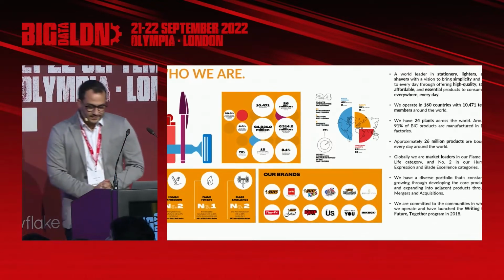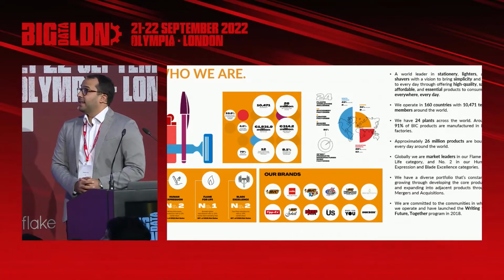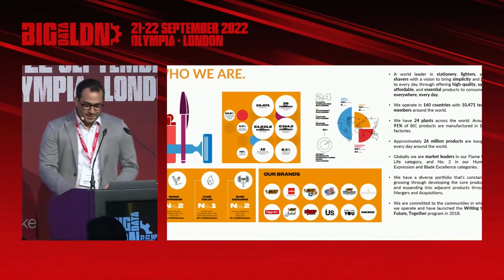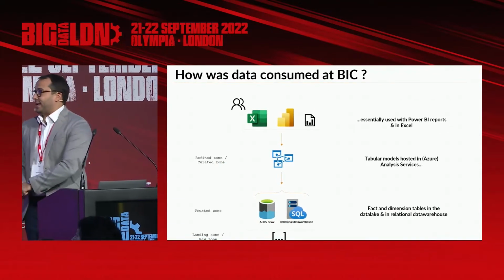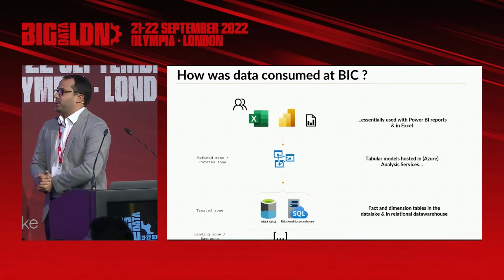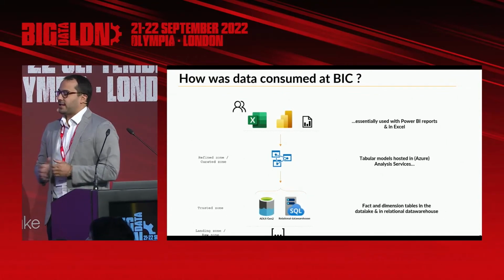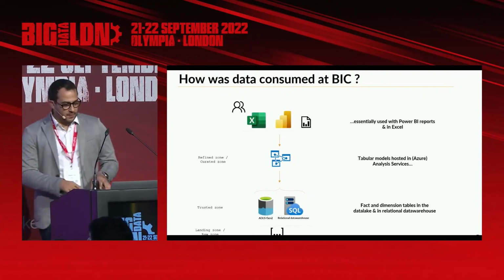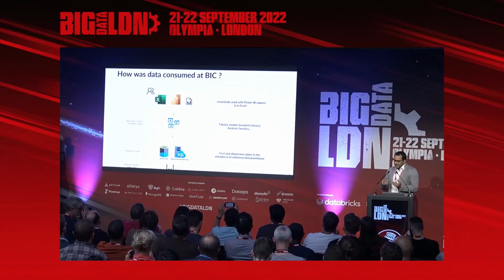Cool. So it'd be great to see a little bit about your architecture prior to Dremio and what that looked like. Yes. So as it so happens, I have the slide to talk about that. So how was data consumed at BIC prior to Dremio? This slide represents a very simplified architecture of our data. I'm not going to talk about the lower layer, everything about the landing zone, the raw zone.